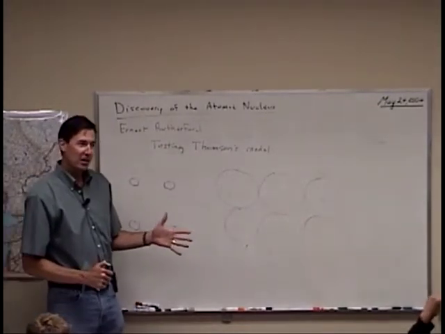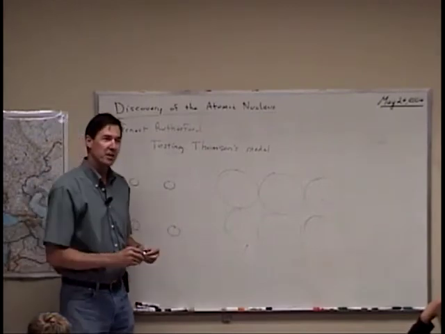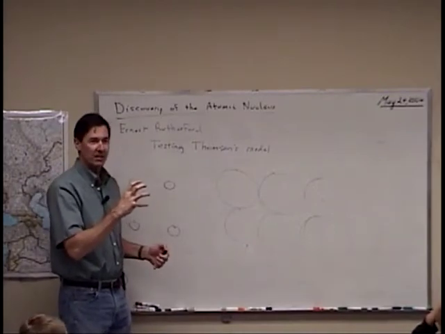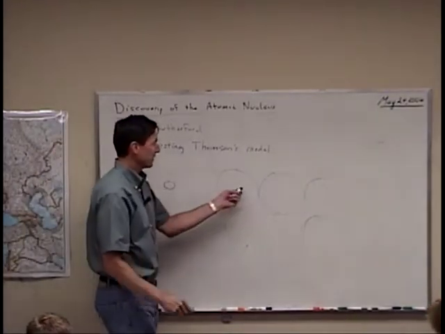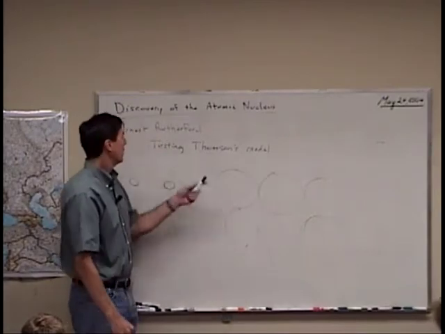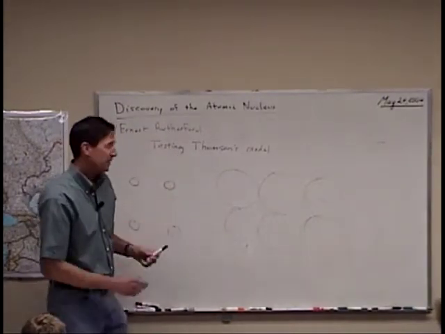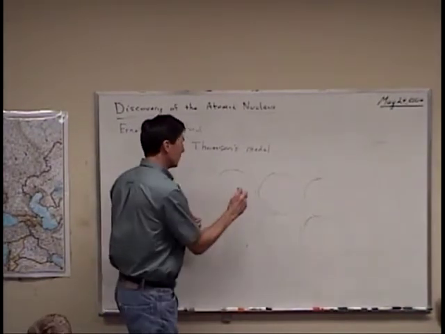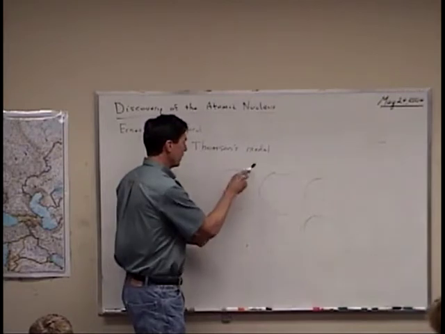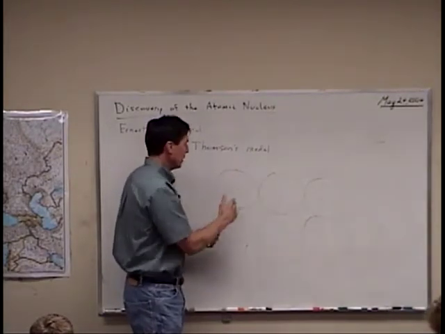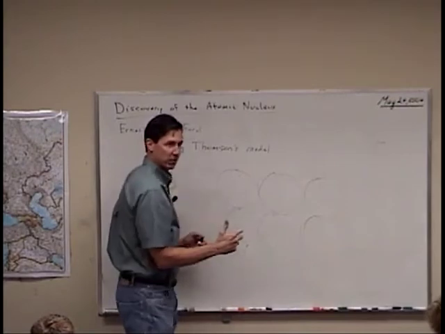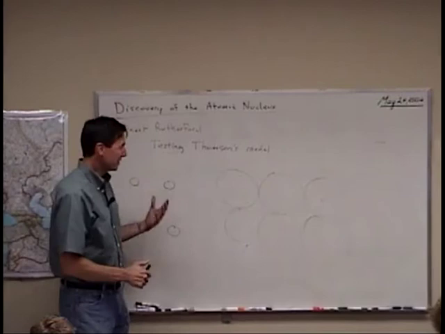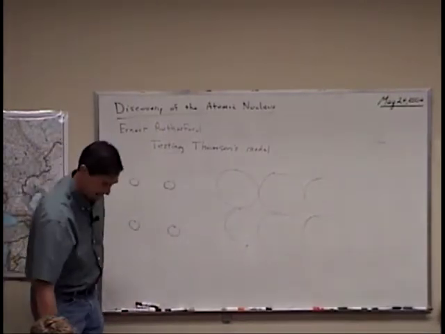If the mass of these gold atoms is spread out over the entire size of the atom, then you've got something like the cake thing. And Rutherford was actually able to prove that if the mass was spread out that way, these alpha particles would be deflected a little bit, but they'd never be deflected by really large angles, and they'd certainly never come back at you.